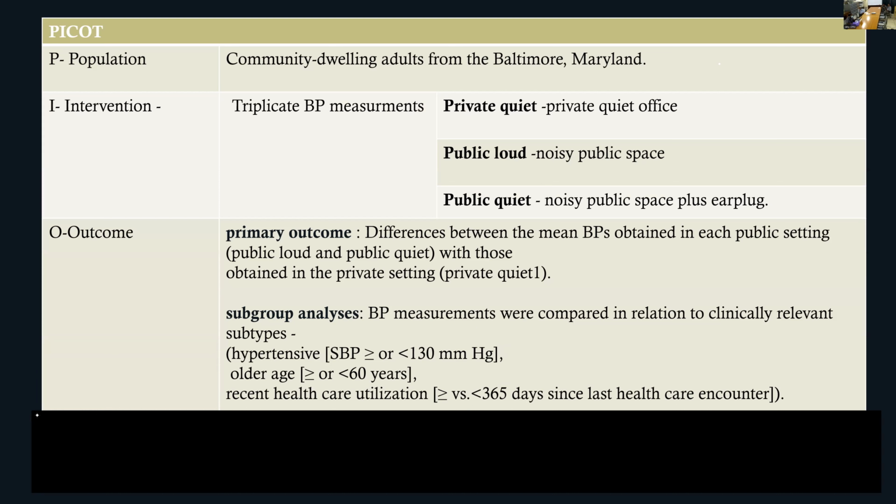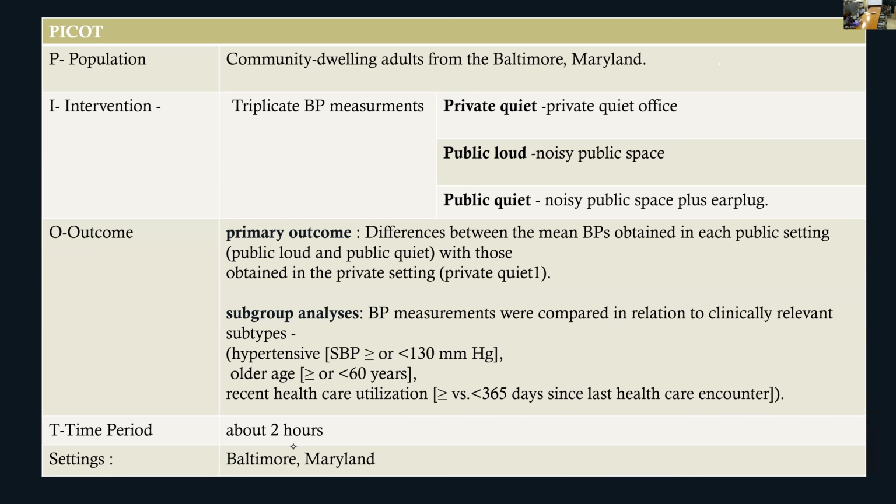The primary outcome was the difference between the BP obtained in each of the public settings versus the private setting. There were multiple subgroup analyses planned, which was blood pressure compared in relation to clinically relevant subtypes: hypertension, age, or health utilization. So it was a single visit study, time period about 2 hours, and the setting was in Baltimore, Maryland.